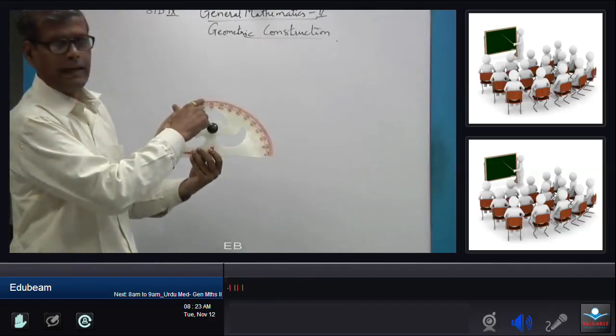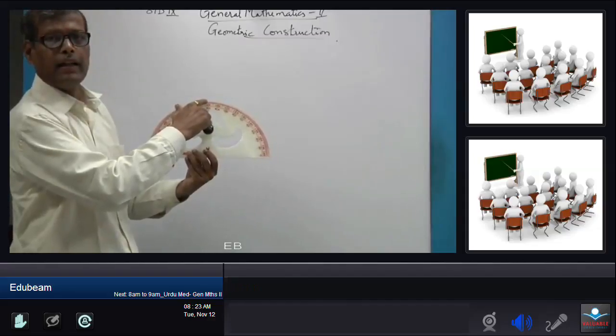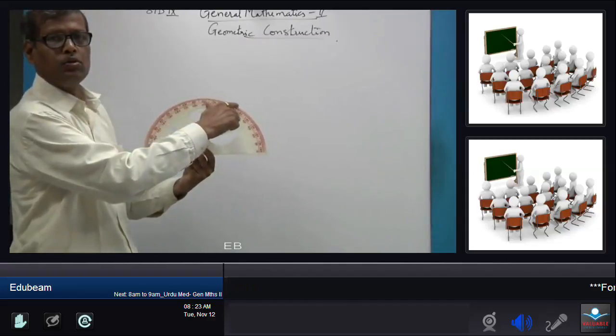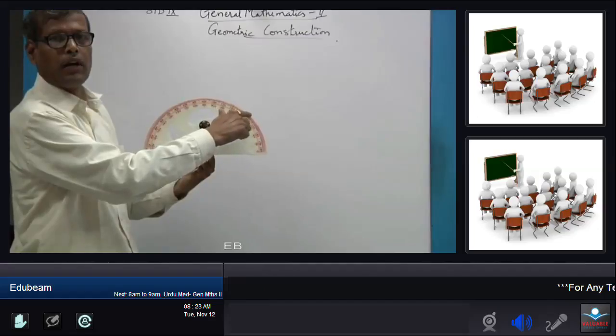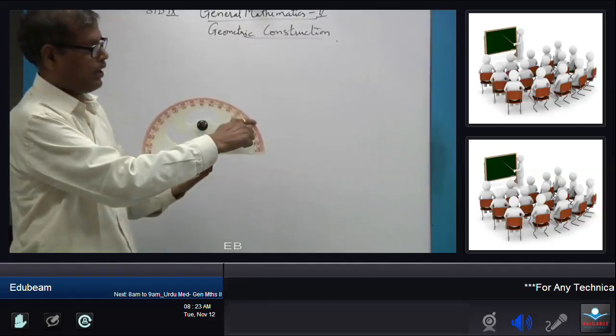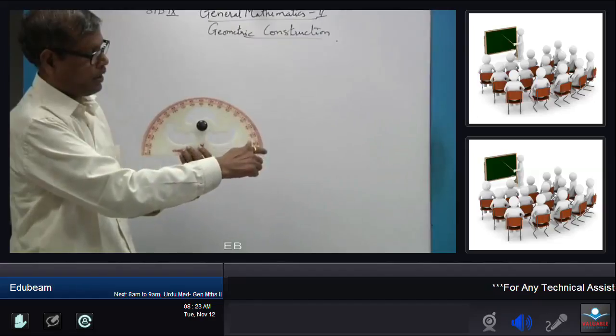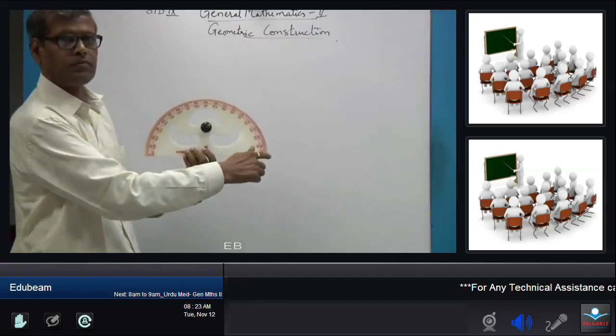That means you are going to the clockwise direction. You are going from the inner side of it. And when you are going from the 0 from other side, you go on the outer.